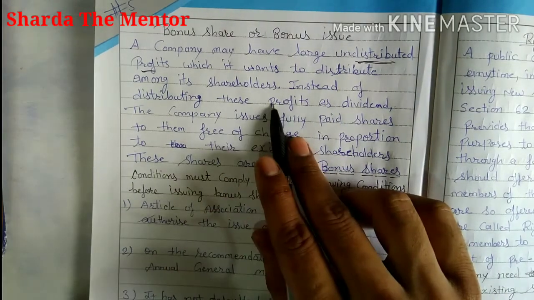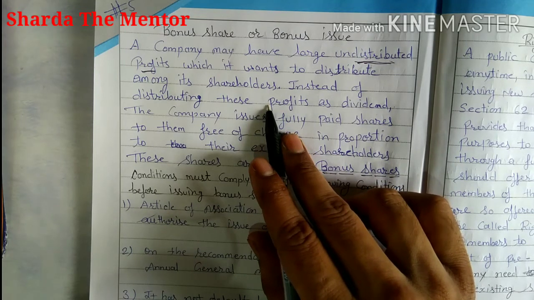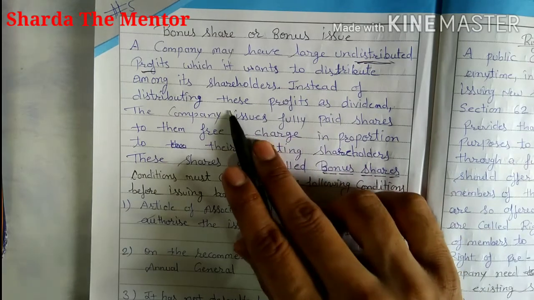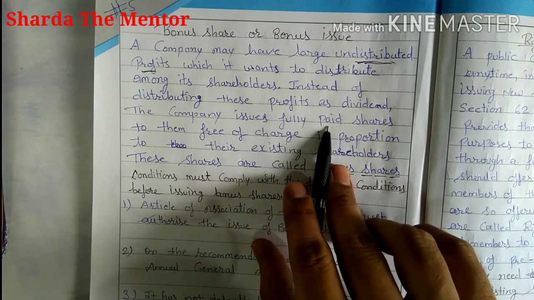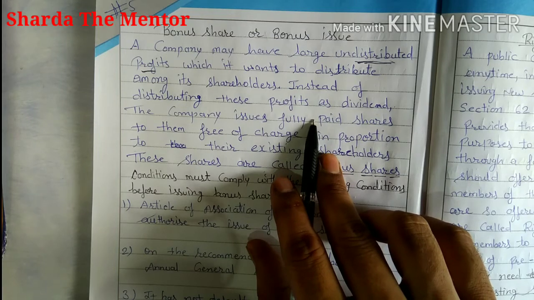If a shareholder has already invested, then after a specific period, or at the end of a specific year, on 31st March, the company has to declare a dividend if it has earned enough profit. Sometimes, instead of distributing dividend, they give fully paid shares. Suppose the company has a good amount of profit and is able to give 10 rupees to the shareholder.